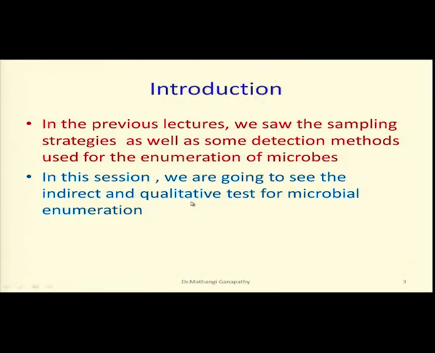So, we saw the different types of sampling strategies as well as some detection methodologies in the early lectures. In this session, we are going to see the indirect and the qualitative tests for microbial enumeration.